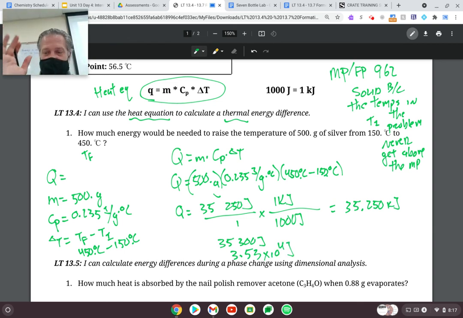Both are correct. If you wanted to take it in kilojoules, you would just take the 35.3 kilojoules and call it a day. Both of those answers are correct, and they have the appropriate number of sig figs.